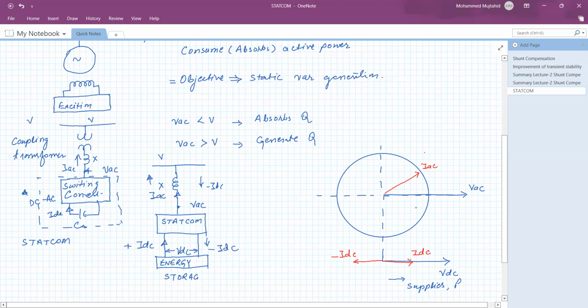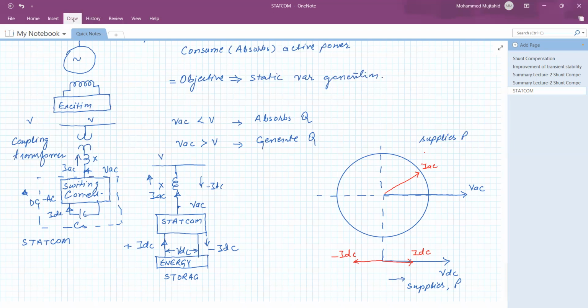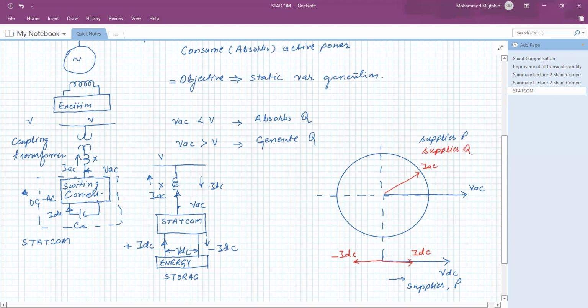So in this quadrant, when VAC is greater than the system voltage and it is supplying the current, under such condition, it supplies power P as well as reactive power. So both are supplied.